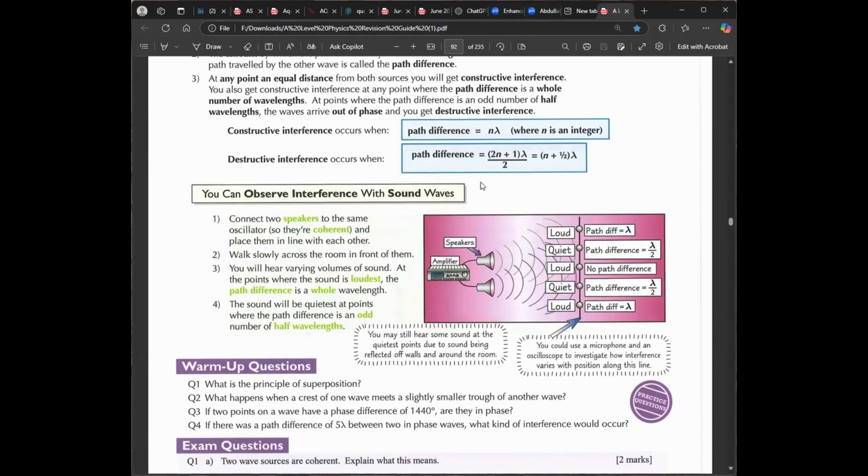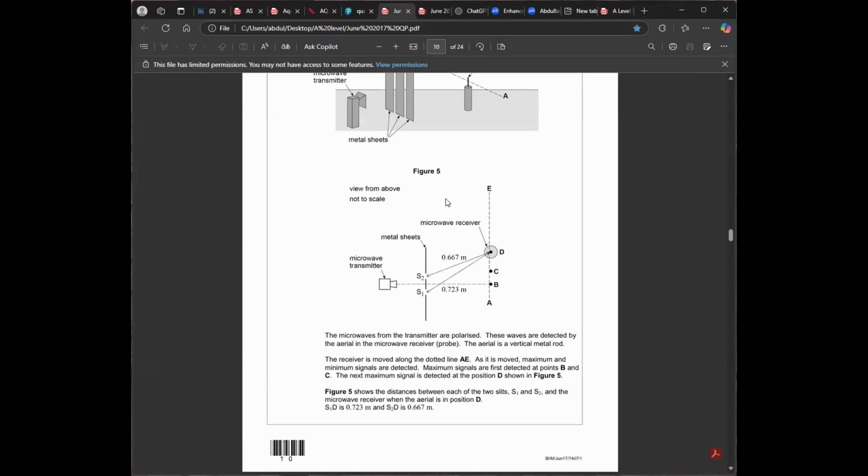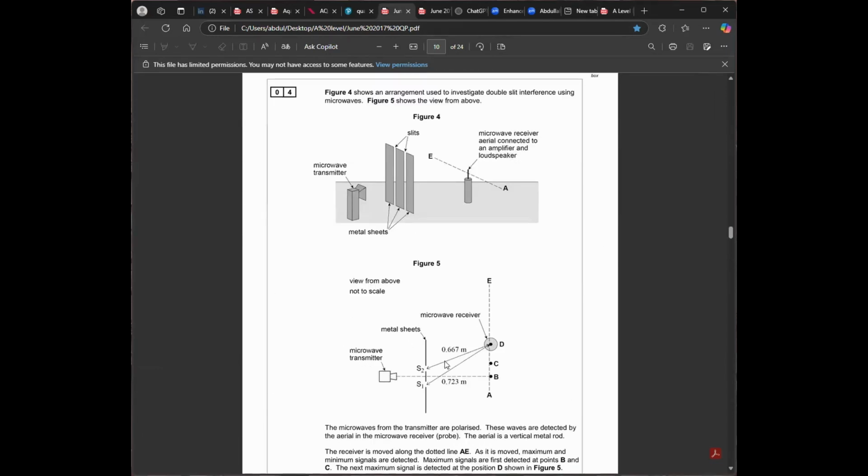Path difference is whatever the difference in the distance of the wave that has traveled. So it's 0.667 meters for the wave that is coming from S2, and 0.723 meters is the distance covered by the wave coming from S1. When I take the difference, that is the path difference. So we have successfully calculated the path difference.